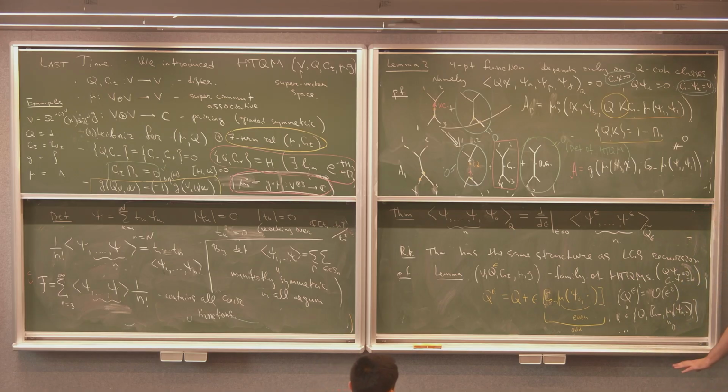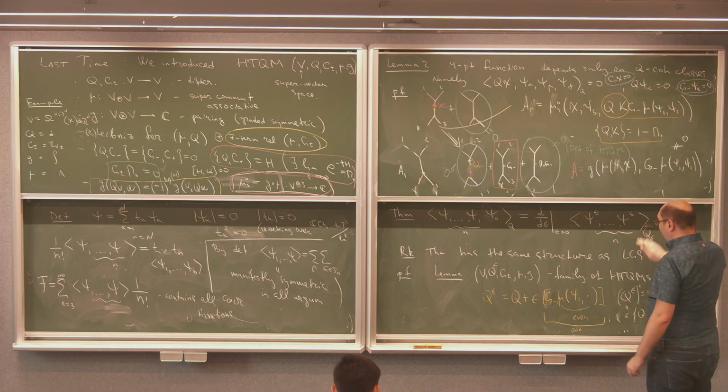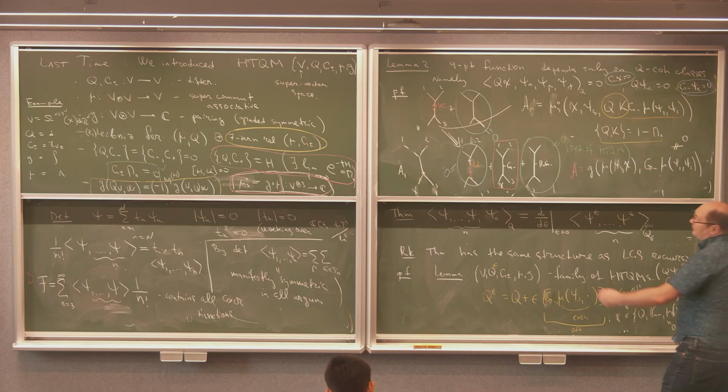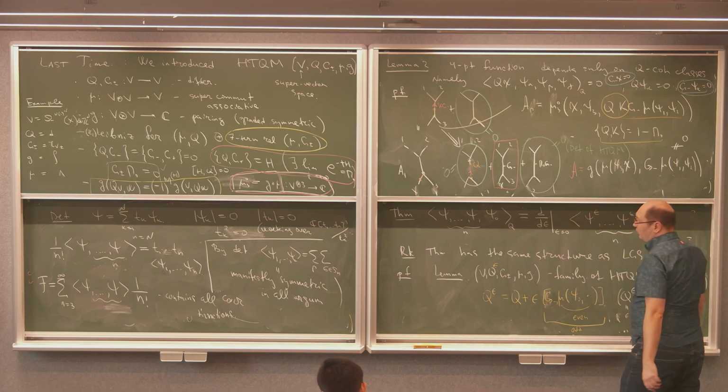Some other properties are technical to verify, but for this property to hold, we need this additional assumption that psi naught is Q and G minus closed. So that gives us a family of HTQMs parameterized by a Q and G minus closed state psi.